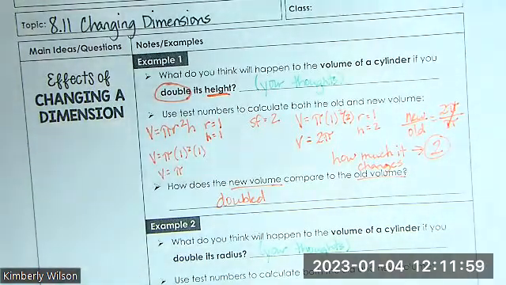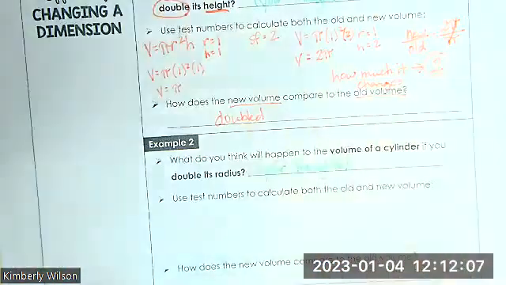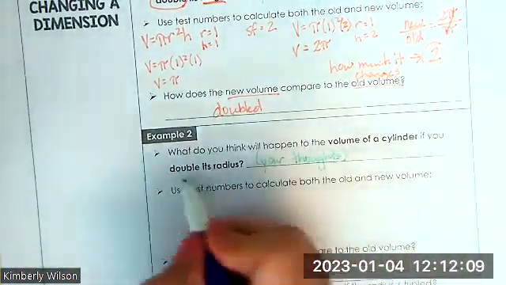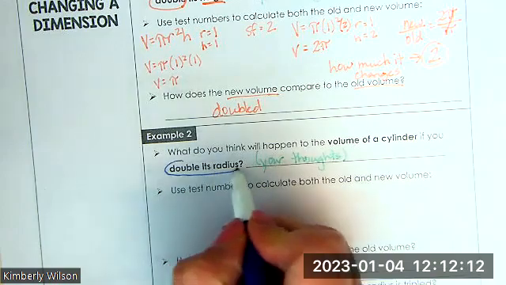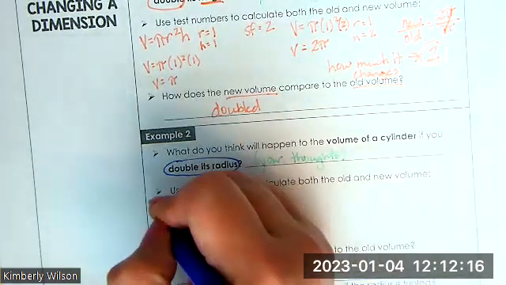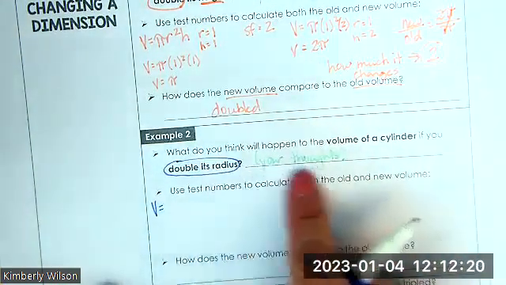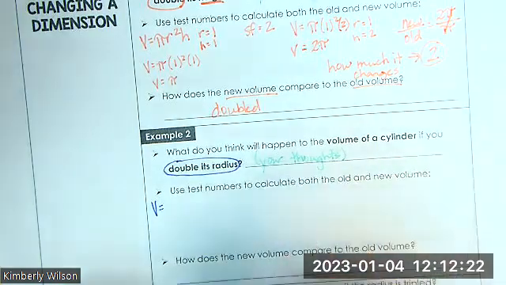Okay. Next, we're talking about the volume of the cylinder if you double its radius. Now, this is where it throws a curveball because we've got to remember the volume formula. Here again, write your thoughts of what you think is going to happen.